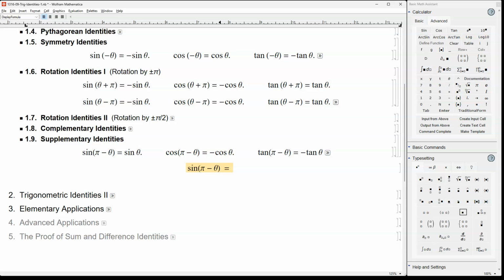How will that work? I can rewrite it as negative theta plus pi, and that's negative of sine of negative theta, because any angle plus pi, we get negative sine. So previously we had negative theta there, and then we apply the symmetry identity. Then what do we get? Another negative, we have sine of theta back.